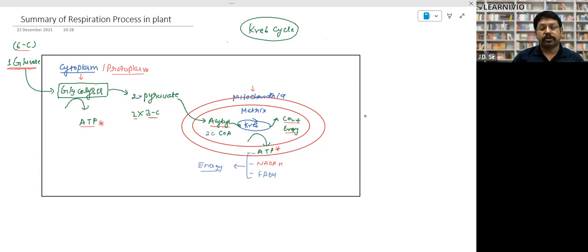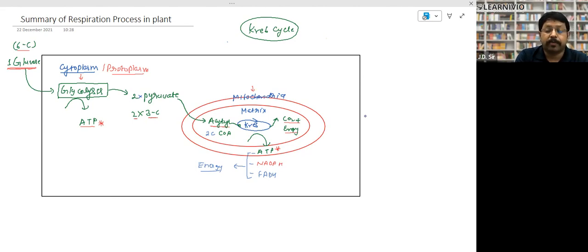This starch will go inside our stomach. Digestion of carbohydrate will take place. These carbohydrates will be broken down into what? They will be broken down into glucose.